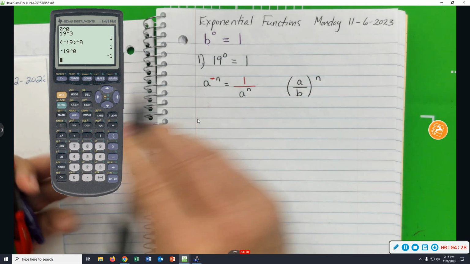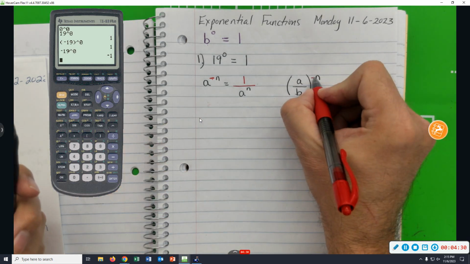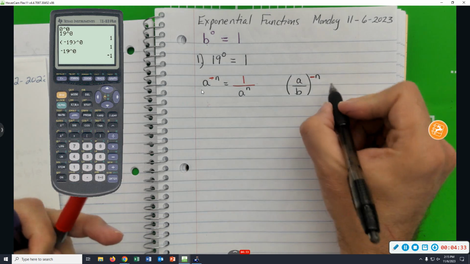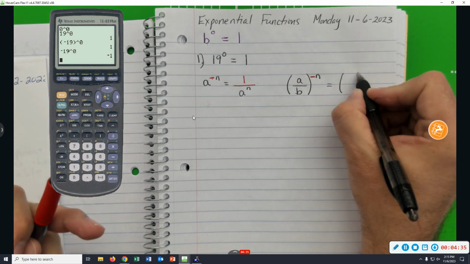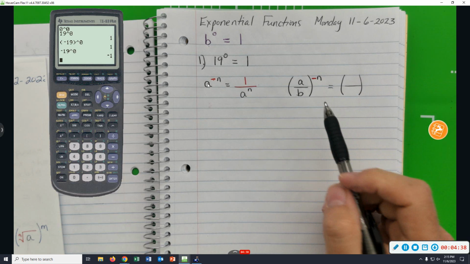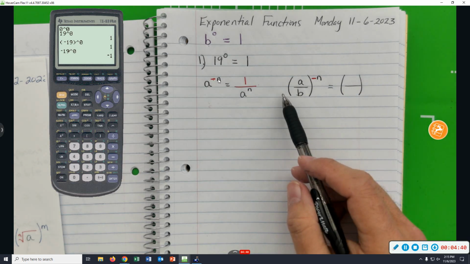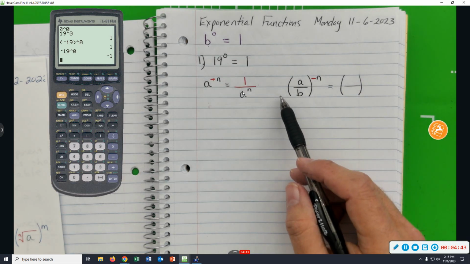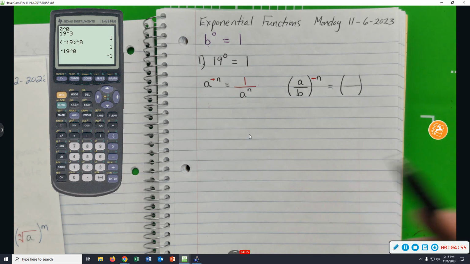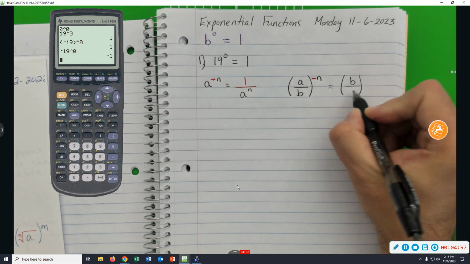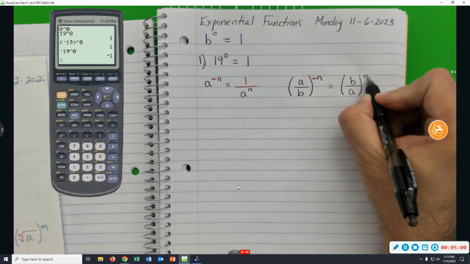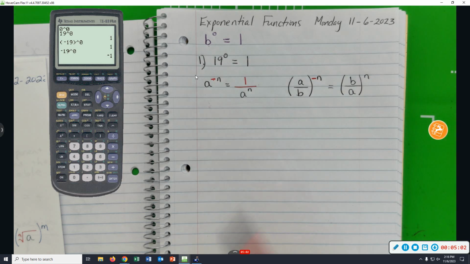If we had a fraction raised to a negative power, then, if it's an integer to a negative exponent, this is saying you take the reciprocal. The reciprocal of an integer a would be 1 over a, but then you change the sign on the exponent so it becomes positive. What's the reciprocal for a over b? b over a to the positive n power.